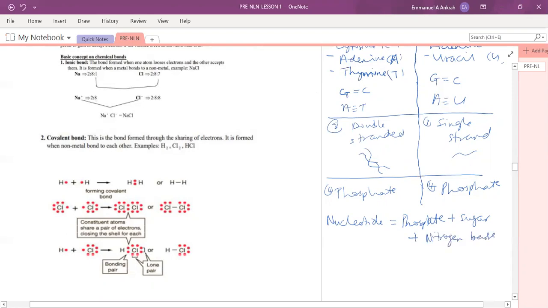That makes up the nucleotide. These three make up the nucleotide. Phosphate, sugar, and the nitrogen base will become the nucleotide.